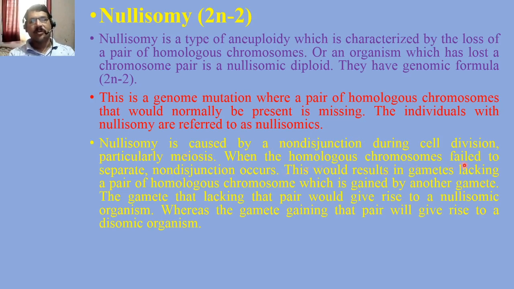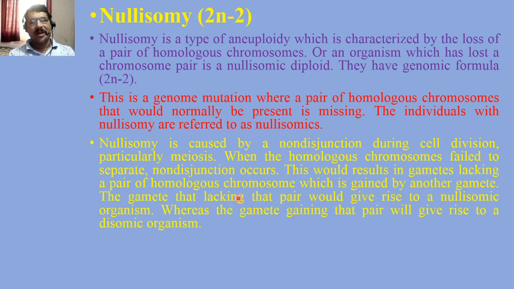When the homologous chromosomes fail to separate, non-disjunction occurs. This would result in a gamete lacking a pair of homologous chromosomes, which is gained by another gamete. The gamete lacking the pair would give rise to a nullisomic organism, whereas the gamete gaining that pair will give rise to a disomic organism.